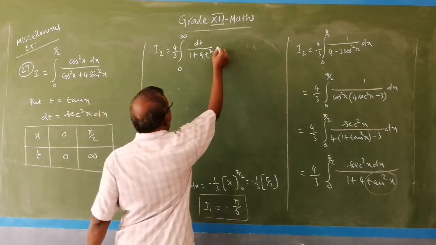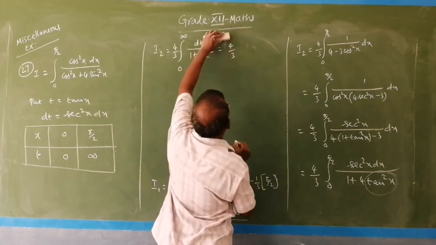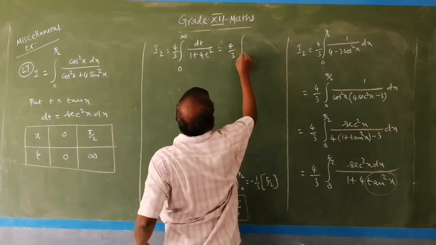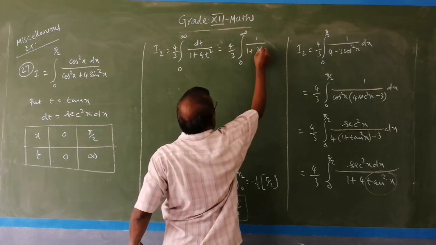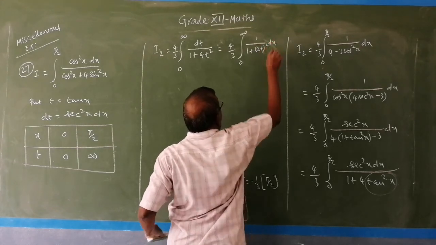So this can be written as 4 by 3 integral 0 to infinity 1 by 1 plus 2t the whole square into dt.